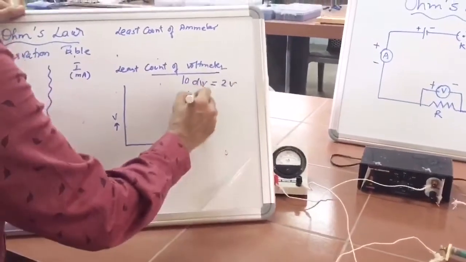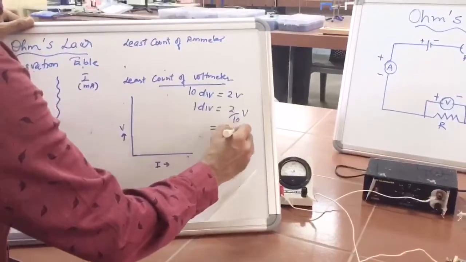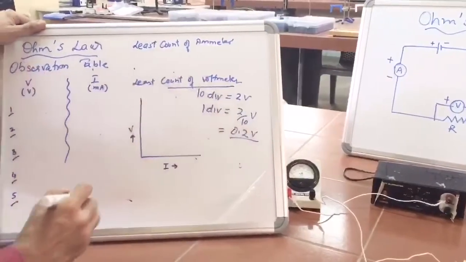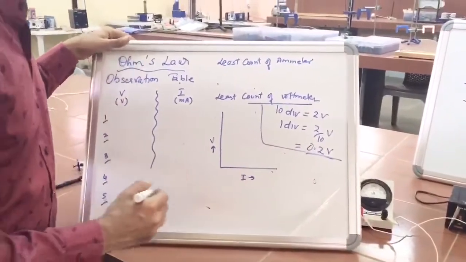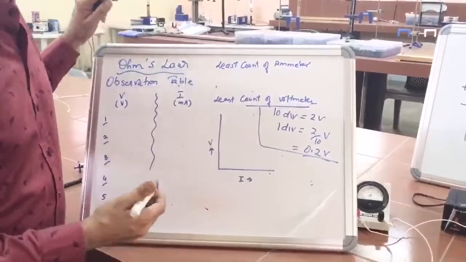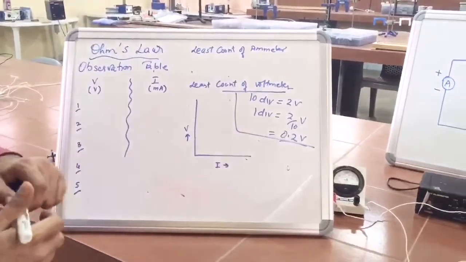One division corresponds to 2 by 10 volt, which comes out to be 0.2 volt. So this is the least count of the voltmeter.